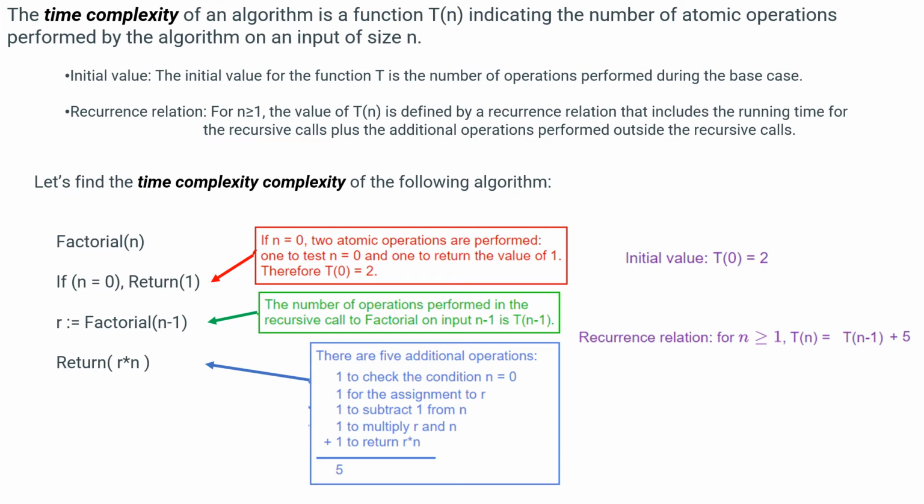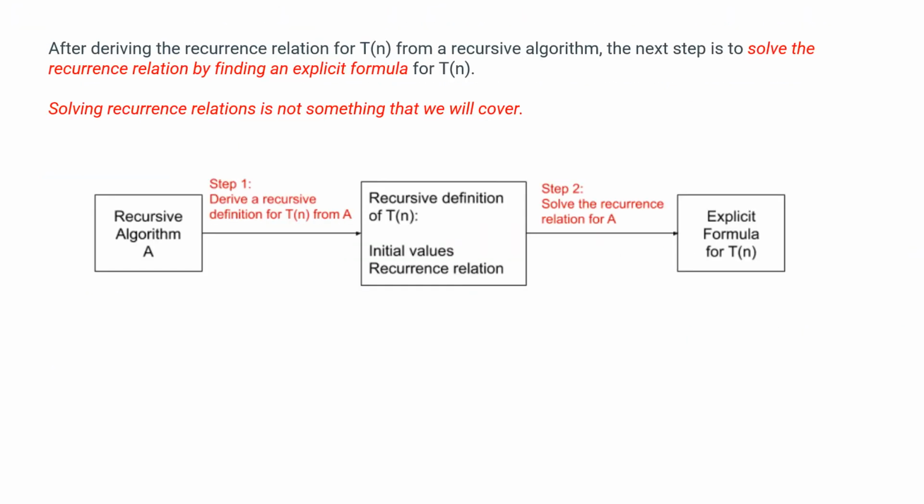So anyway, this together, the initial value along with the recurrence relation, would be considered the time complexity function of this particular algorithm. Now, once we get this recurrence relation, you might think we would need to change it into some explicit formula so that I can just plug in n and get a number instead of having this recurrence relation.